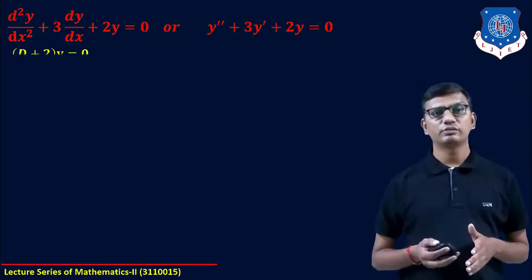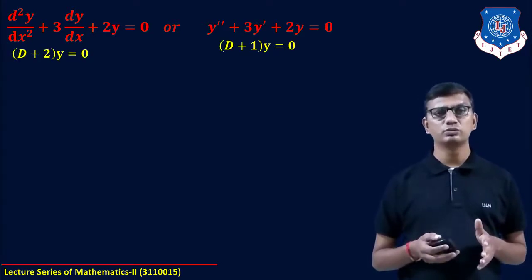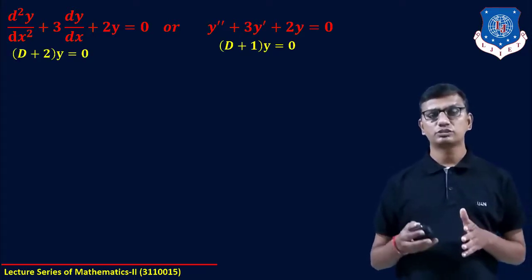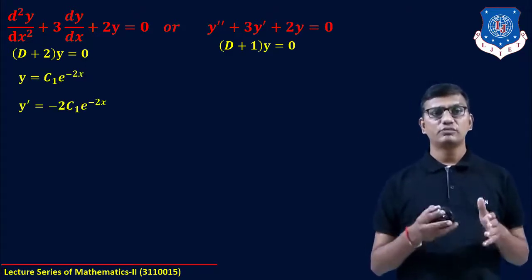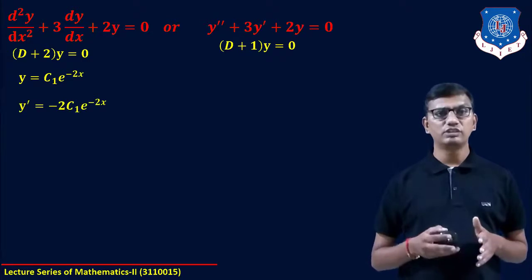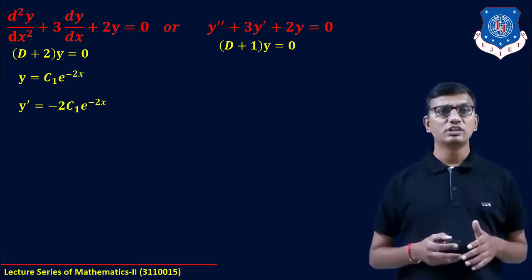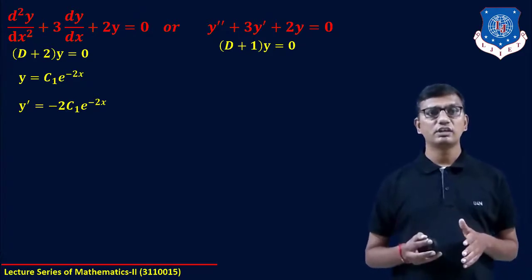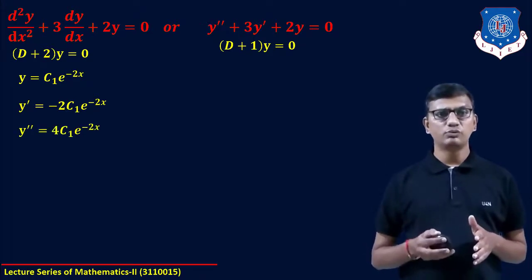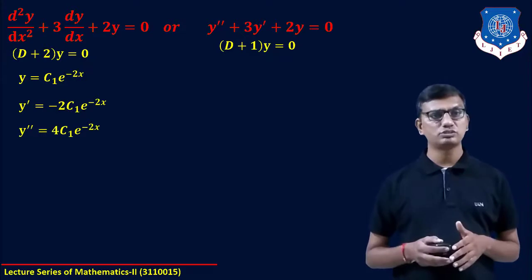Here we have the first order differential equations (D plus 2)y equal to 0 and (D plus 1)y equal to 0. First of all, find y dash from y equal to c1 e raised to minus 2x, which is y dash equal to minus 2 times c1 e raised to minus 2x. Then y double dash is 4 times c1 e raised to minus 2x.